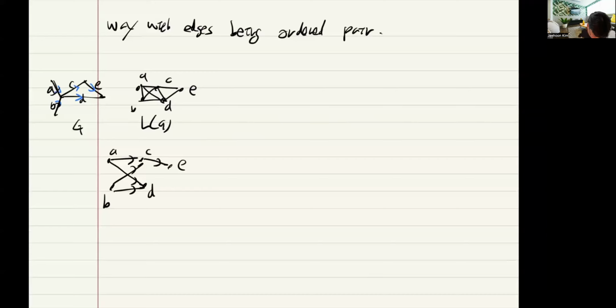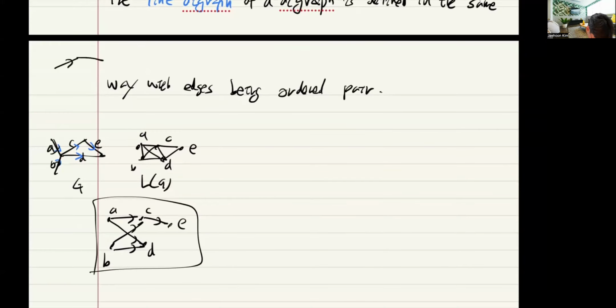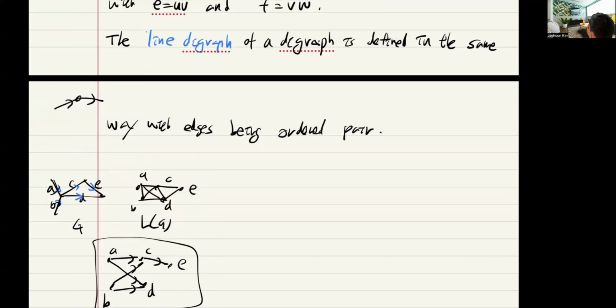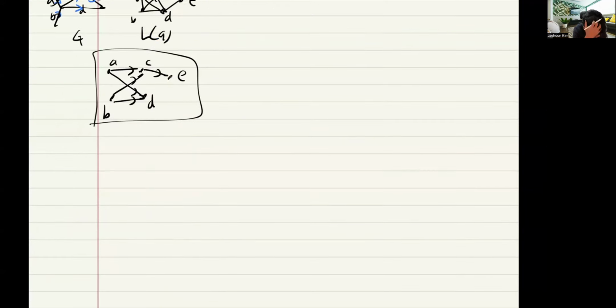And here C to E, and this is the line diagram. Then, because we want to take directed paths, we define it this way because we want to ensure that a directed path in the line graph also corresponds to a directed path in the original graph. That's why we define it this way.